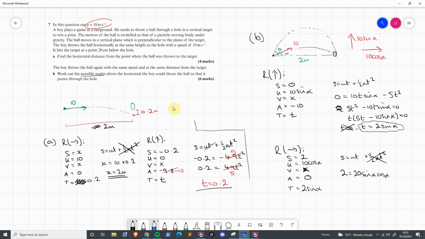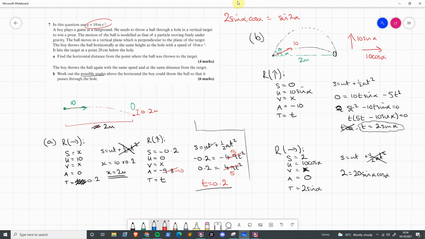Where can we go from here? This is an identity, so this is one of these horrible ones where it uses an identity that we don't really know yet. But 2 sine alpha cos alpha equals sine 2 alpha. So without knowing that, there's not really much you could do from this point.